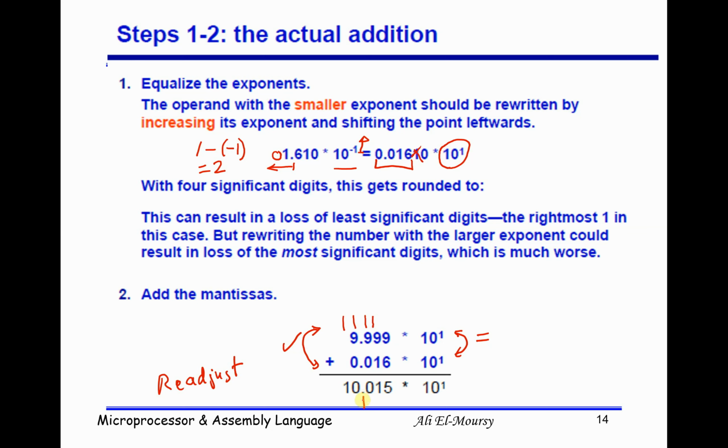So the decimal point should be shifted one place to end up with an aligned result. So the result will be 1.0015 multiplied by 10. When I shift this, I have to raise the power of the exponent by 1, so that means it's to the power 2.